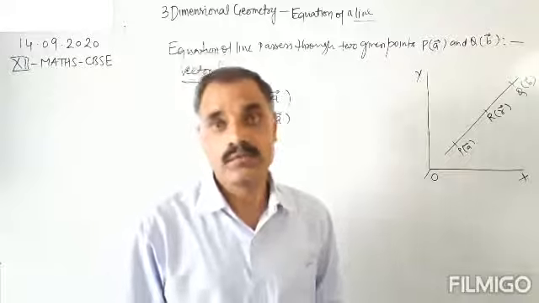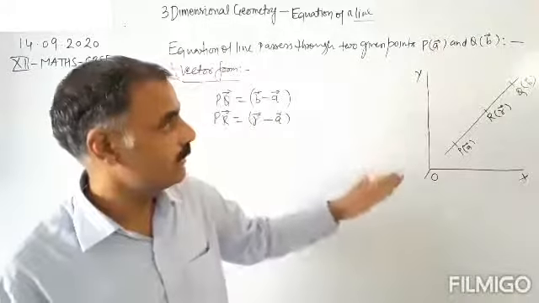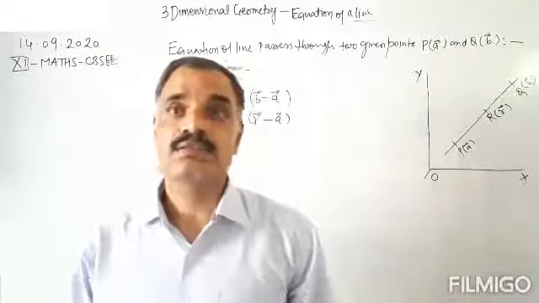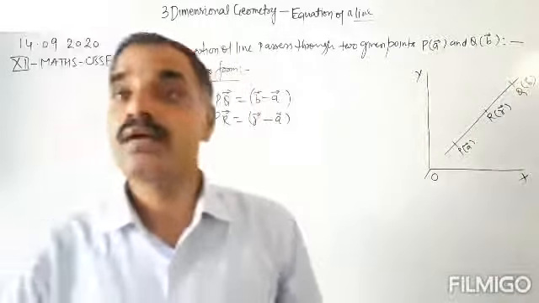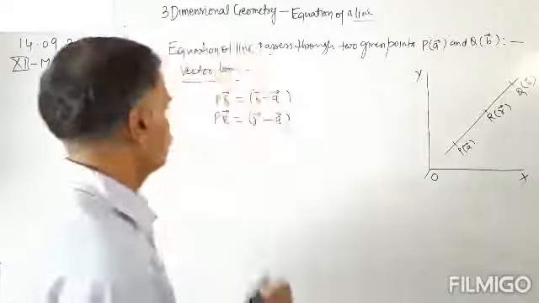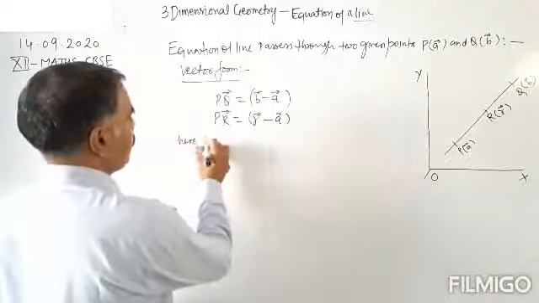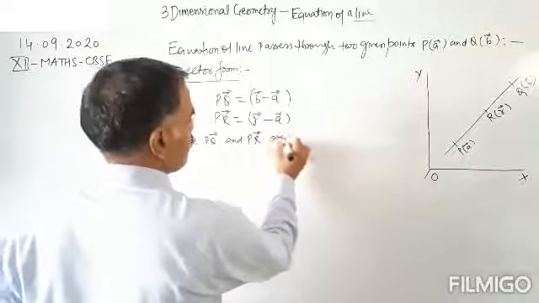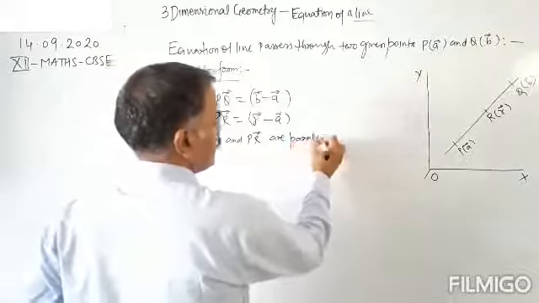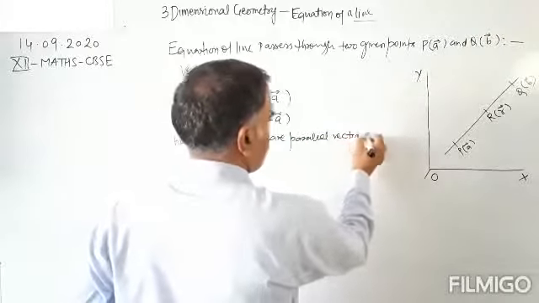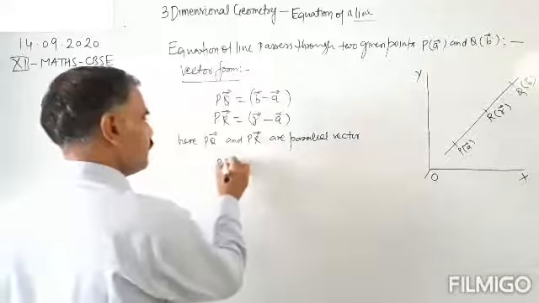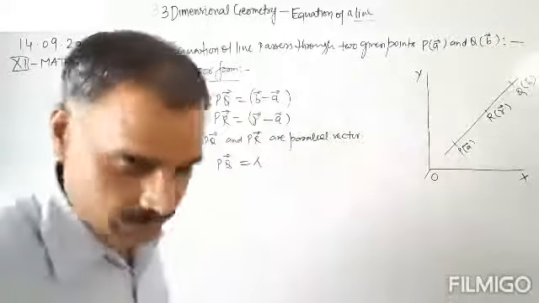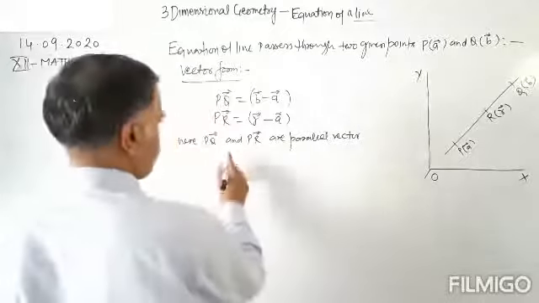Now let us see the diagram. PQ vector and PR vector are parallel vectors. When these are parallel vectors, it means PQ vector is equal to lambda PR vector, or PR vector is equal to lambda PQ vector.